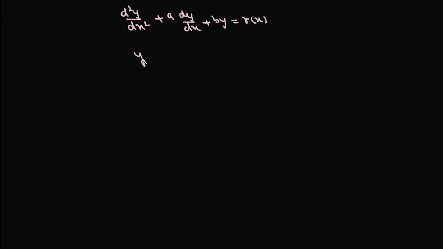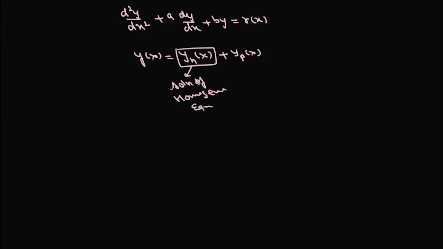Now solution to this case is given by y as a function of x. It is written as yhx plus ypx, where this yhx is solution of homogeneous equation, which we know how to solve, and this ypx is called as particular solution.